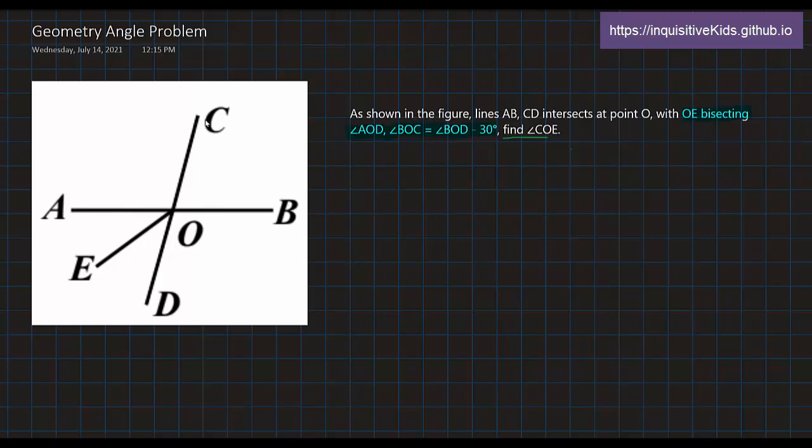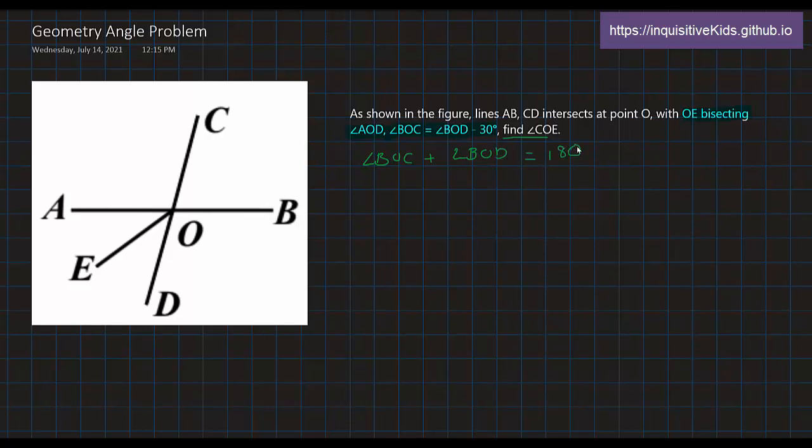So we know that COB, or in here BOC, plus BOD is equal to 180 degrees. Then we can do that angle BOC plus angle BOD is equal to 180 degrees.